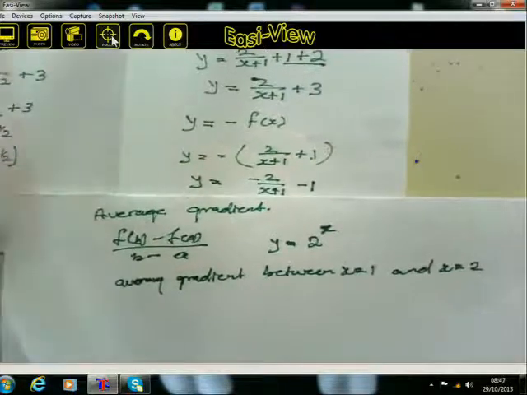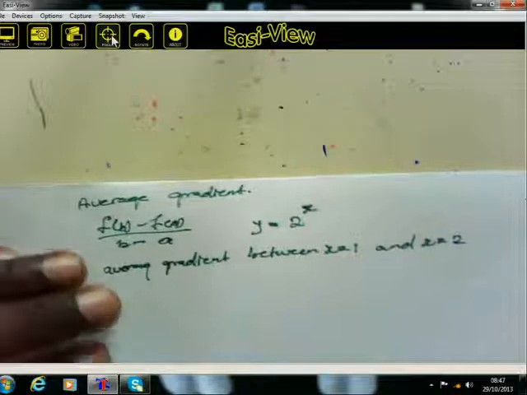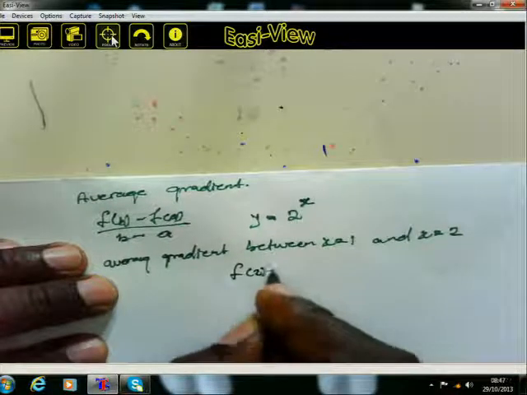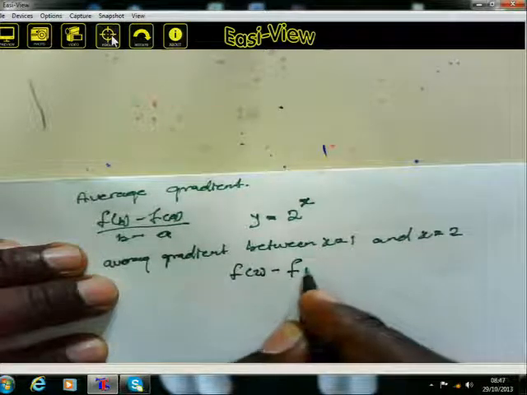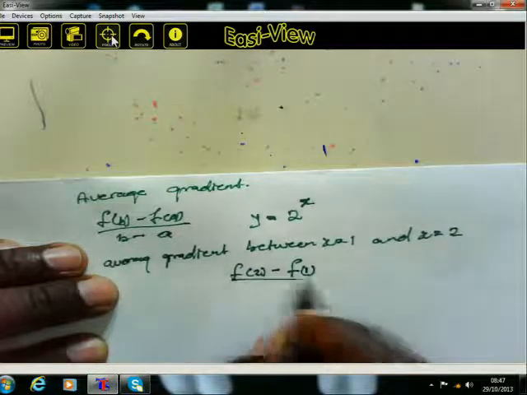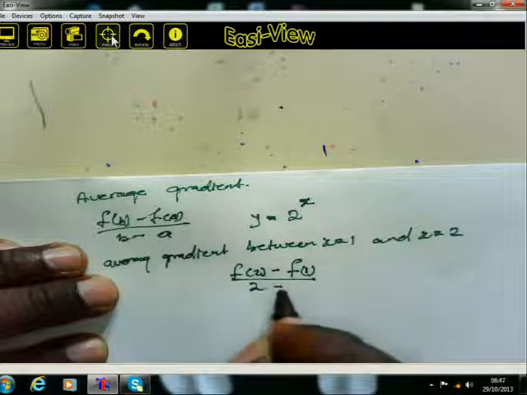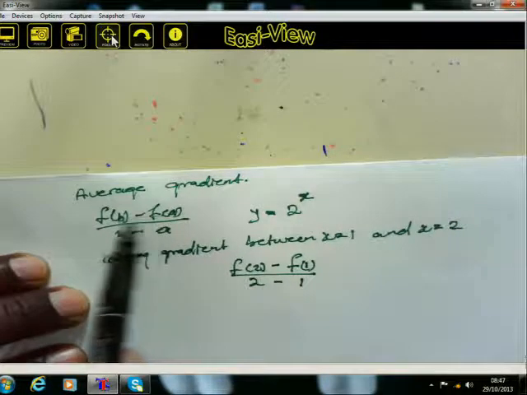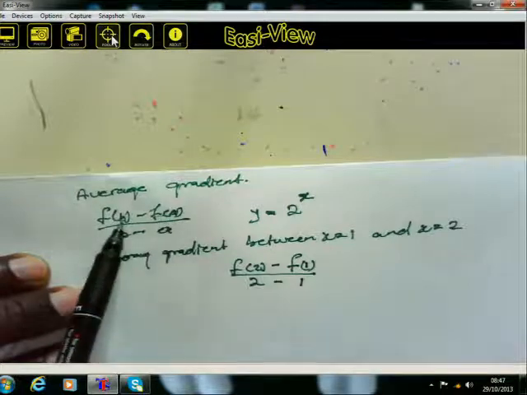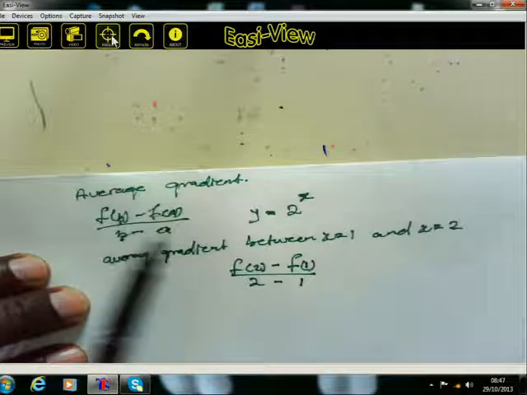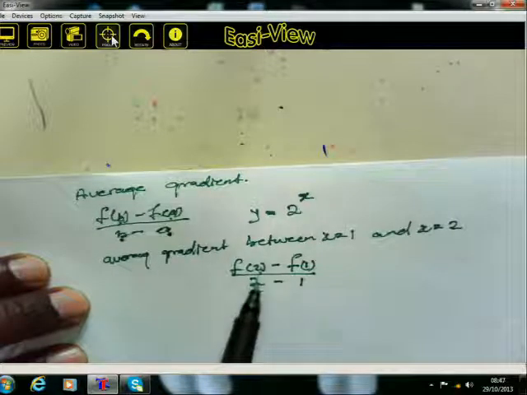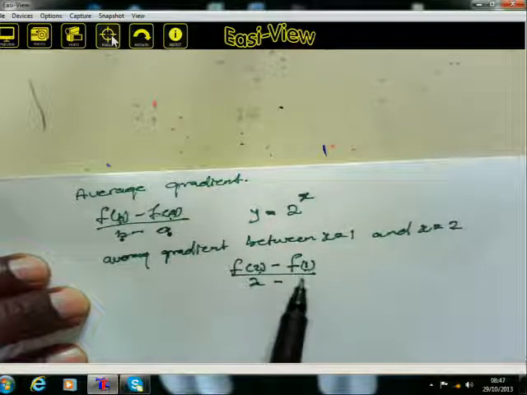What do you do in this particular case? You say f at 2 minus f at 1 all over 2 minus 1. Remember, this is the formula. This number must be the same with that one.